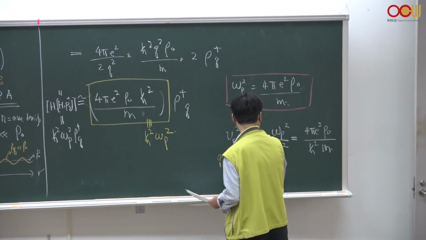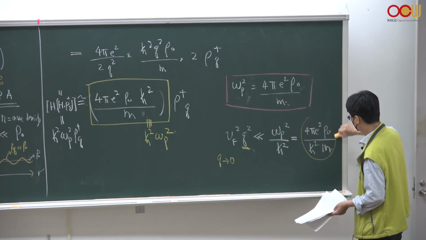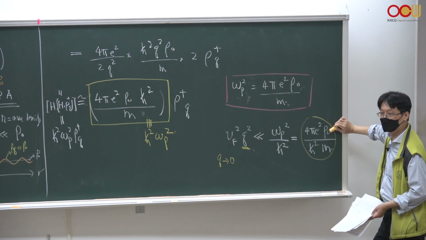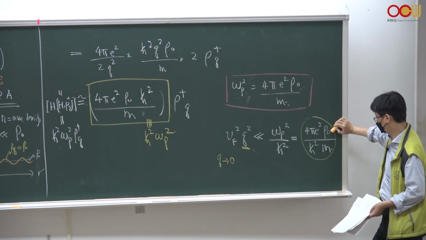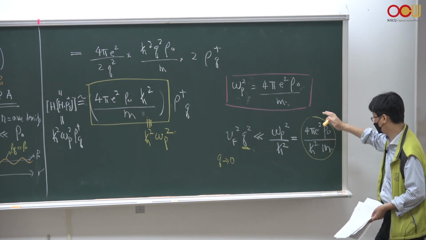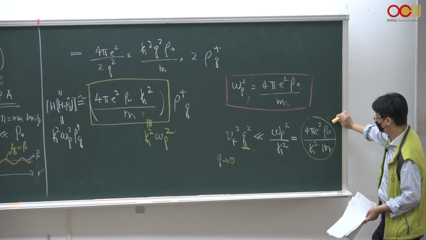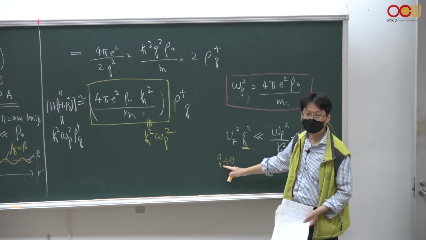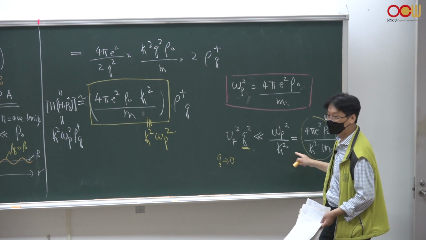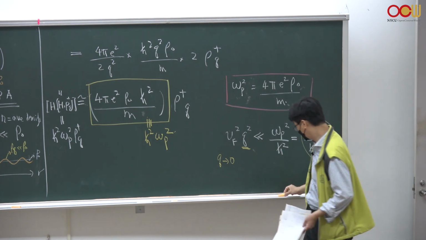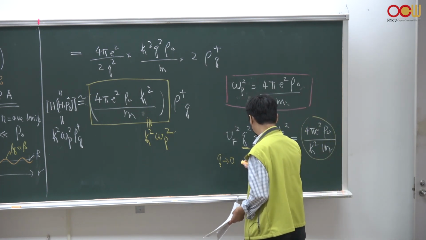Q goes to 0. And we know that rho 0 is actually a huge number in ordinary metals. And all this h bar squared m is just a standard universal constant. So as long as Q is small enough, this inequality is always satisfied. So this could be satisfied easily.